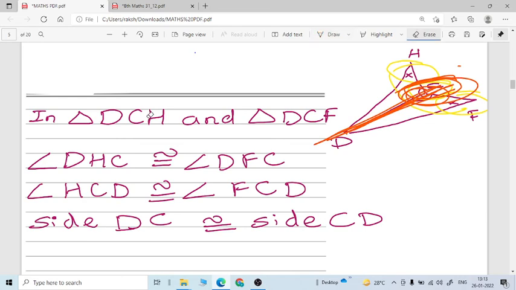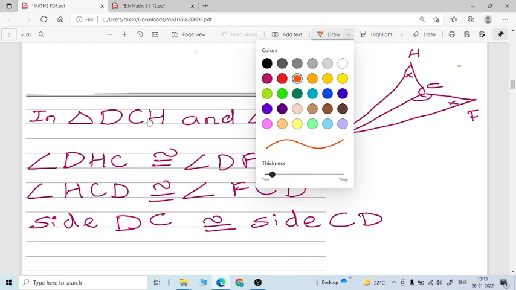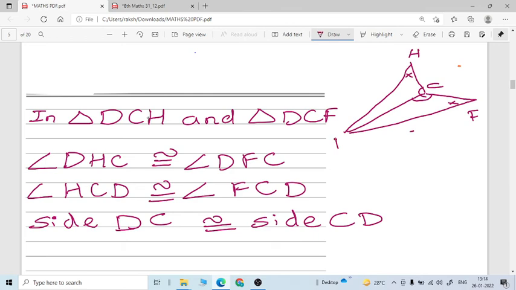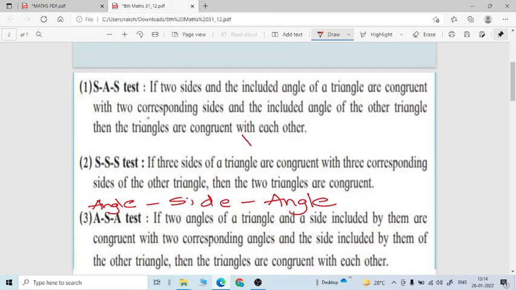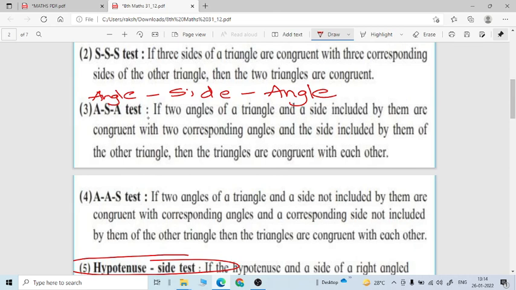So we got angle, angle, side, which is that property, angle angle side, the fourth, AAS test.